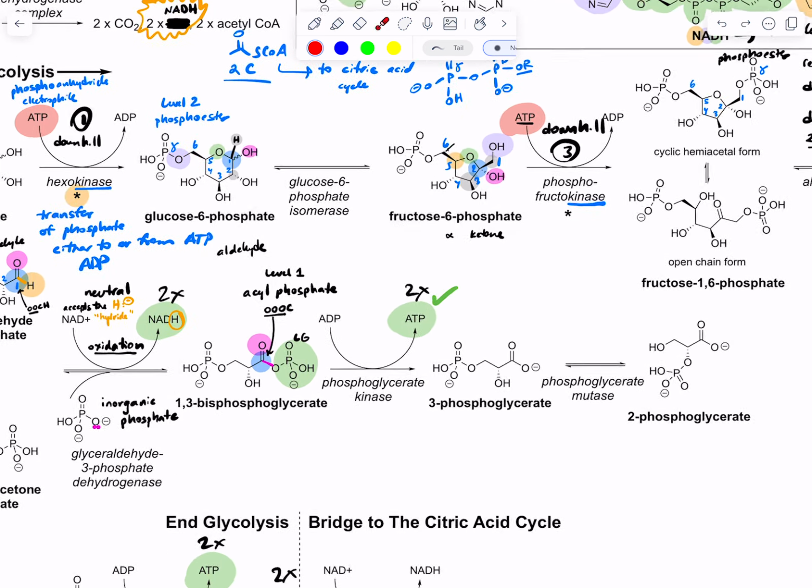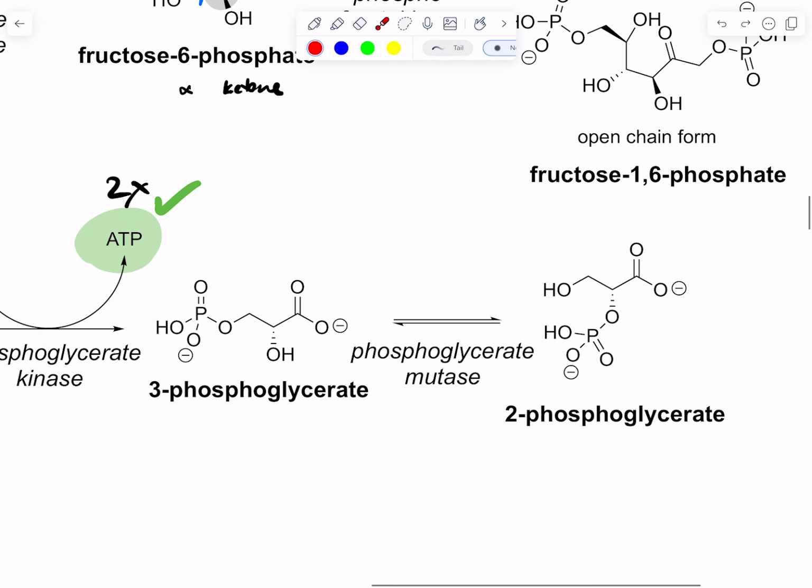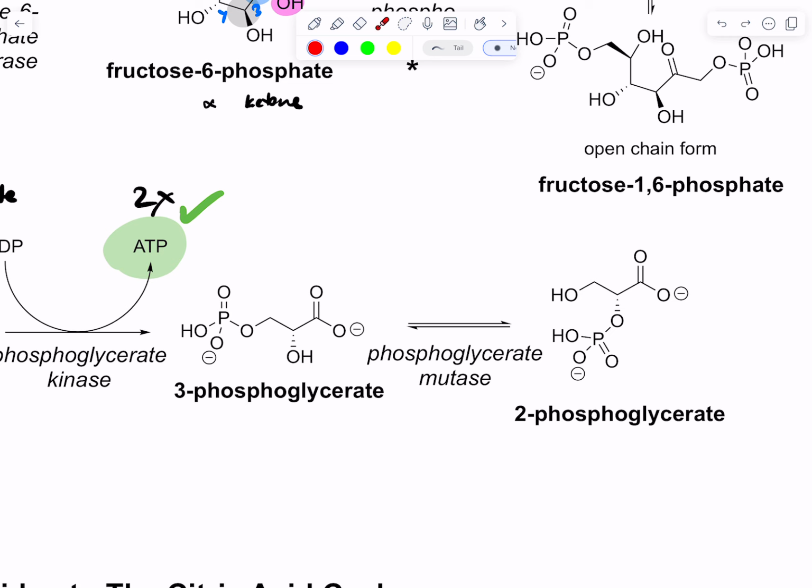All right, so after we get 3-phosphoglycerate, nature moves the phosphoester. You start with a phosphoester on the C3 oxygen, and in the product, the phosphoester's on the C2 oxygen.